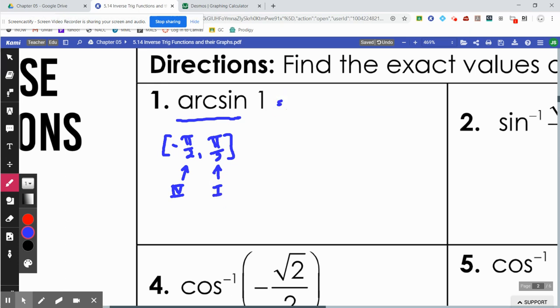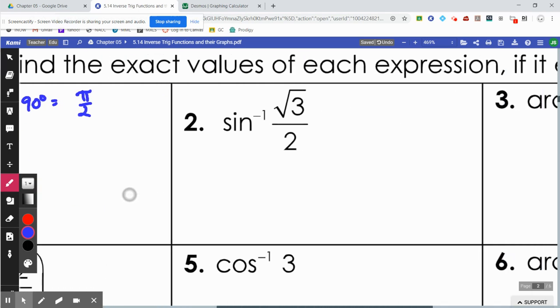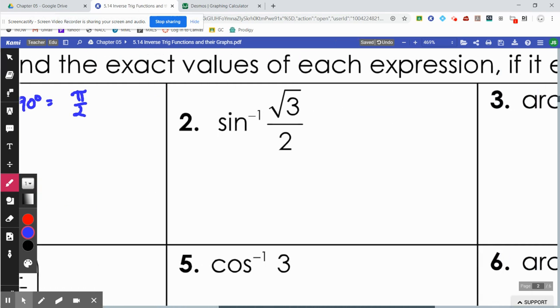So find the inverse sine of 1 and give the answer located in either quadrant 4 or quadrant 1. Since it's a positive value, that'd be a quadrant 1 answer. So what value in quadrant 1 gives us a sine of 1? That would be a 90-degree angle or pi over 2.